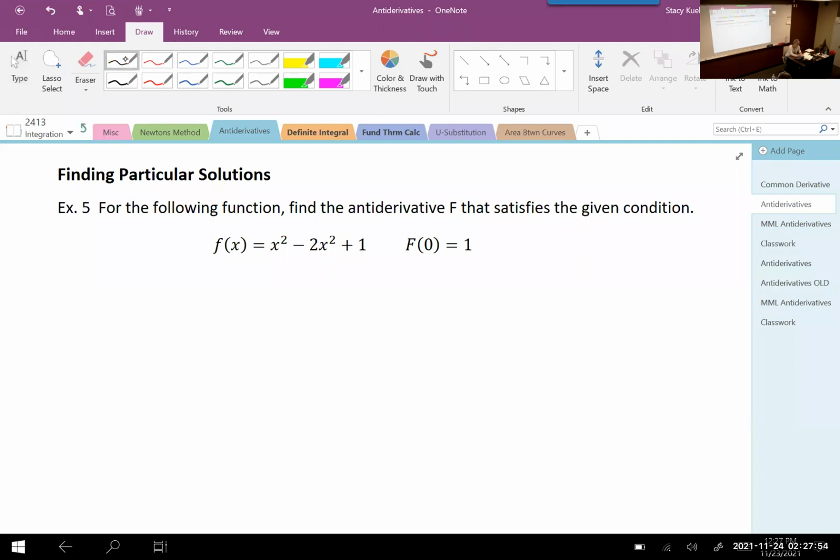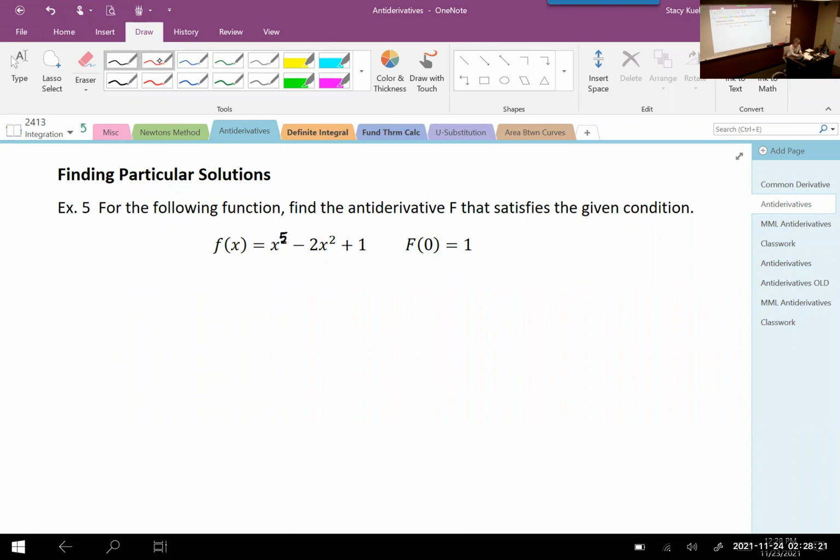It should be x to the 5th. I have the function x to the 5th minus 2x squared plus 1, and I have the given condition that the antiderivative at 0 is equal to 1. Okay?